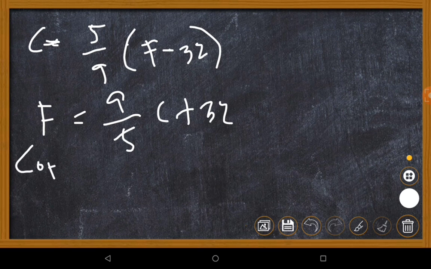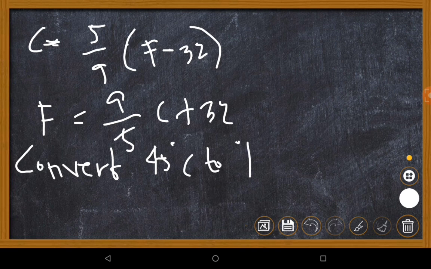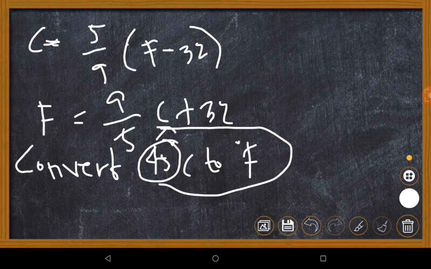So suppose we have this problem: convert 45 degrees Celsius to degrees Fahrenheit. What we need to do is simply substitute this 45 degrees into this formula.